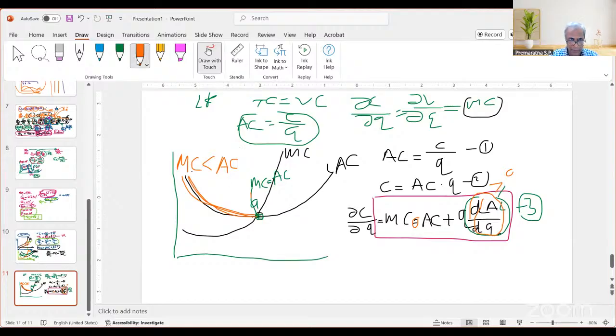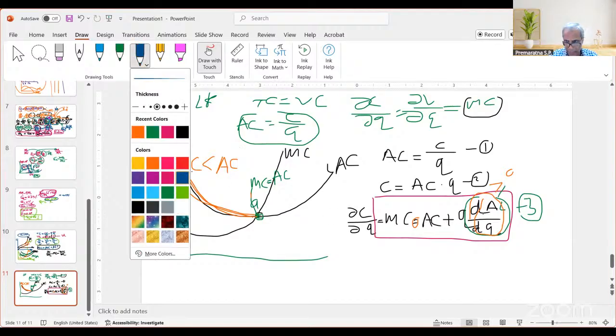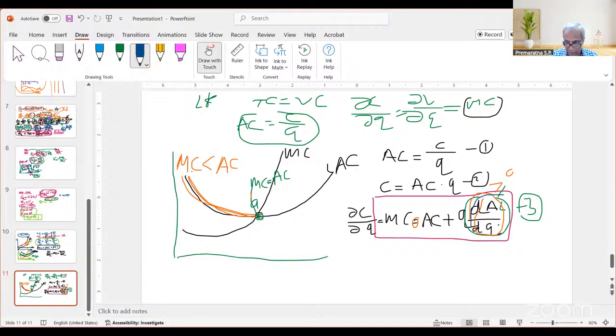Now imagine the situation where the average cost curve has a negative slope, right? What we are talking about is the decrease in the average cost curve. There, it is negative, for example, let's say the average cost is 8, and this term becomes negative, let's say 2.